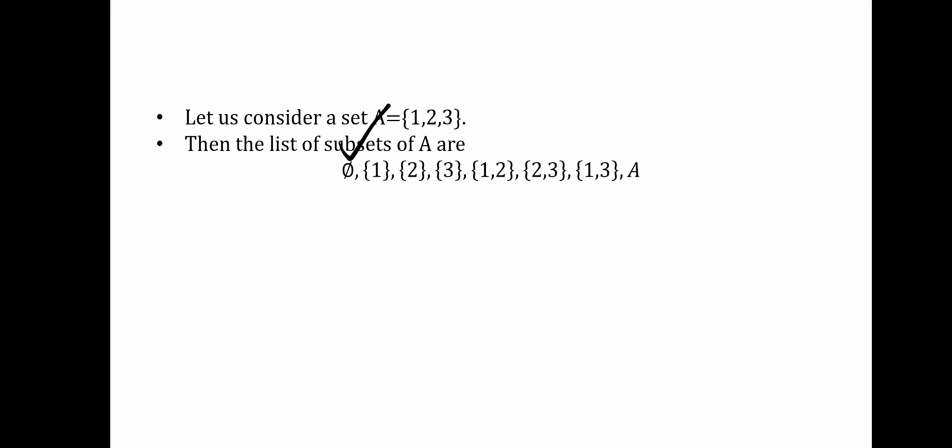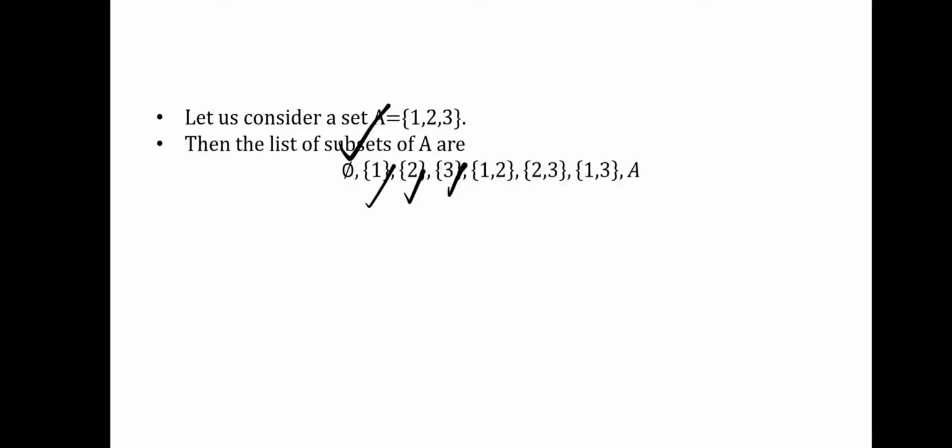Null set is a subset, right? Then singleton 1, so if I take only one from the whole set, then that is also a subset, right? It is gone. Next, singleton 2, done. Singleton 3, done.